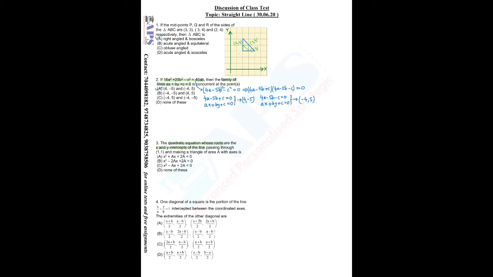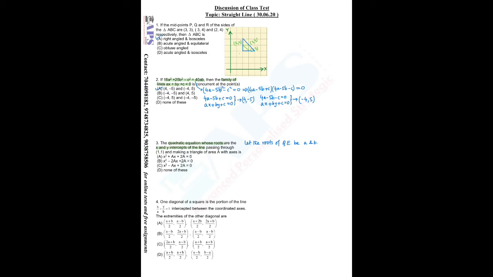So let the roots of the quadratic equation be a and b. Then the quadratic equation will be x square minus the sum of the roots, which is a plus b, into x, plus ab equal to 0.